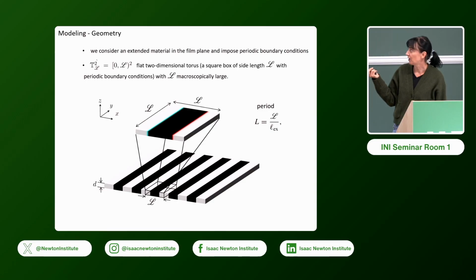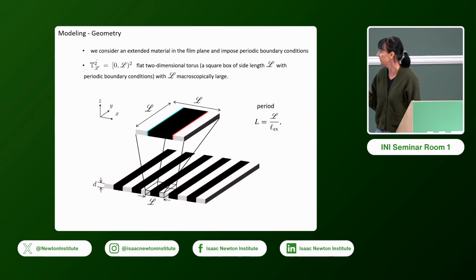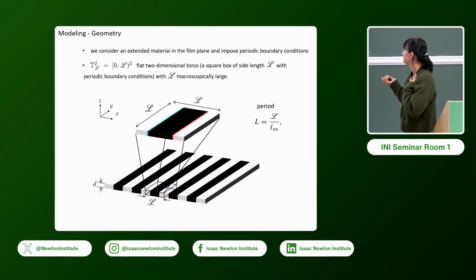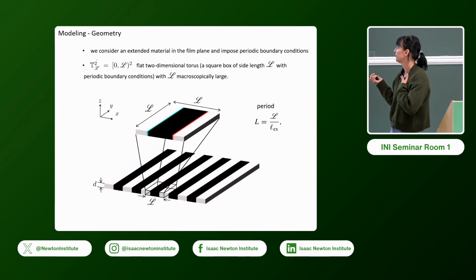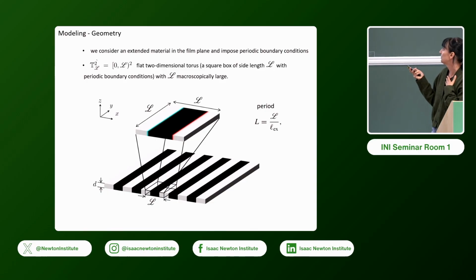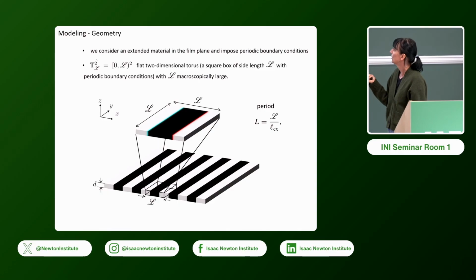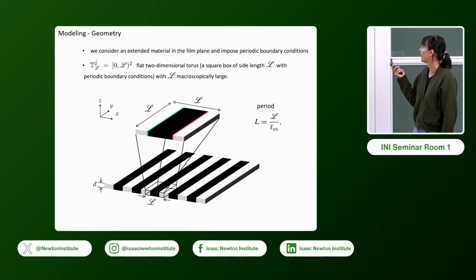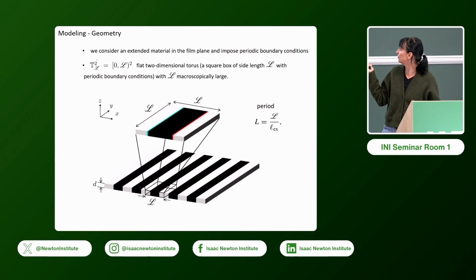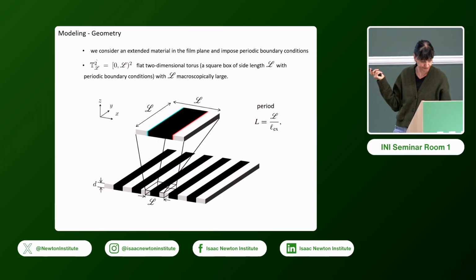For this, we are going to switch to some modeling, and to model this system, we are going to consider an infinite film and impose periodic boundary conditions. So we define this flat two-dimensional torus, which is a square box of size L, with periodic boundary conditions, where L is macroscopically large, and we define the non-dimensional period.